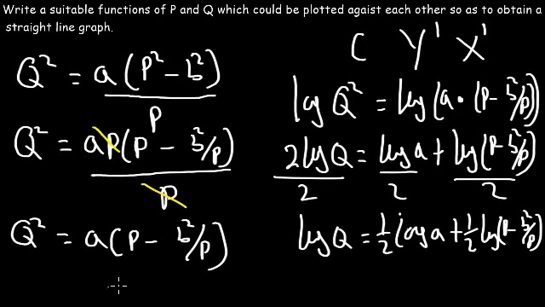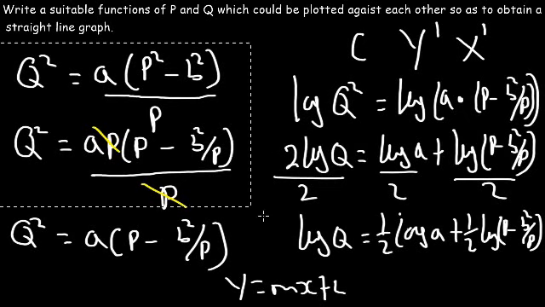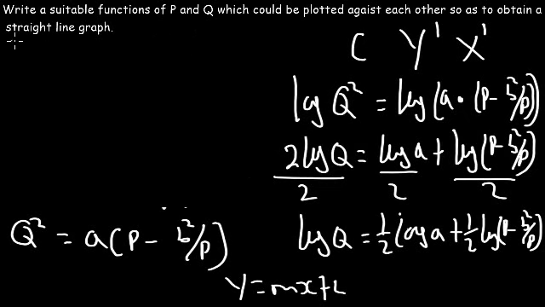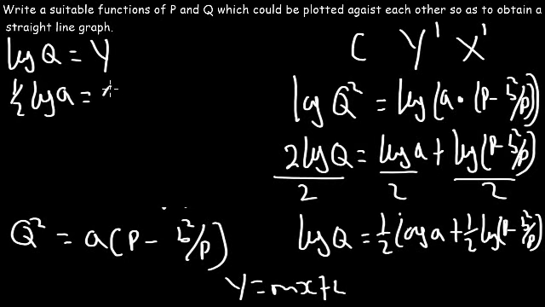Is this now in the form y equals mx plus c? Yes, it is, because now we have log of q to be equal to capital Y. 1/2 log of a is equal to c, the constant, because a doesn't have any business with q and p in terms of variable. You understand? A is a constant.